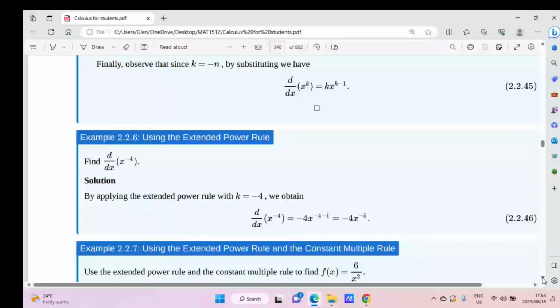I just wanted to find out, in terms of leaving your answer in a positive exponent, would you be penalized if you left it as minus 4x to the power of negative 5? No, it's one and the same thing. For both of them, maximum marks will be awarded. Noted, sir. Thank you.